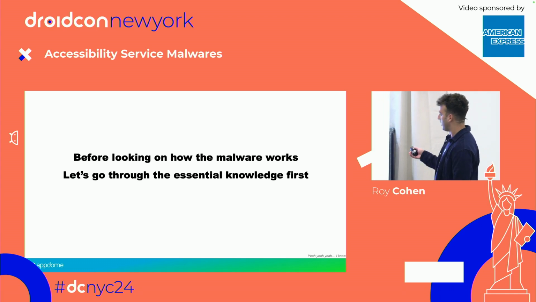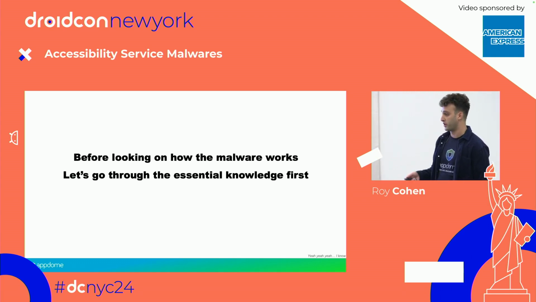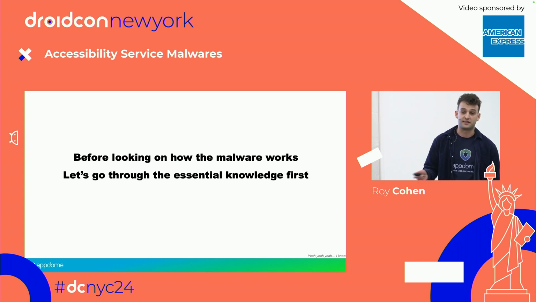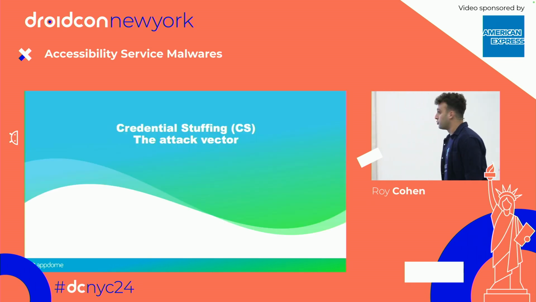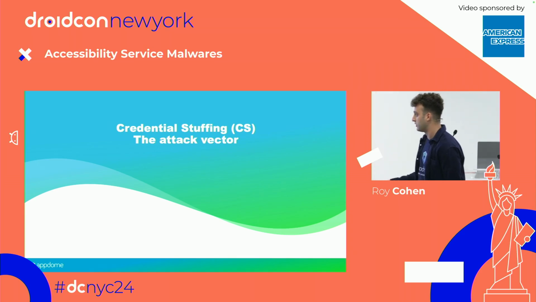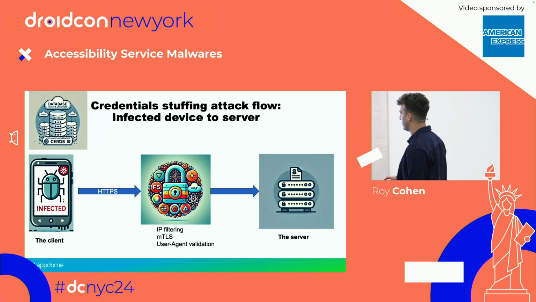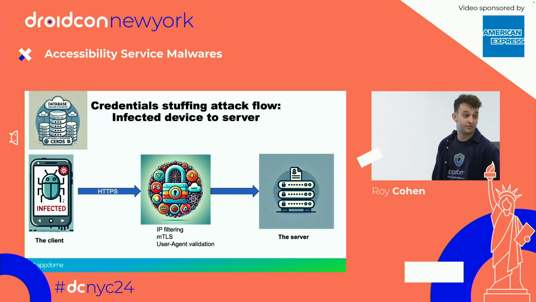Before we go into how the malware works, let's get into the boring stuff and the necessary knowledge first. We're going to speak about two attack vectors. The first attack vector is credential stuffing. This attack vector is basically infecting Android mobile devices and attacking the server using the infected devices.